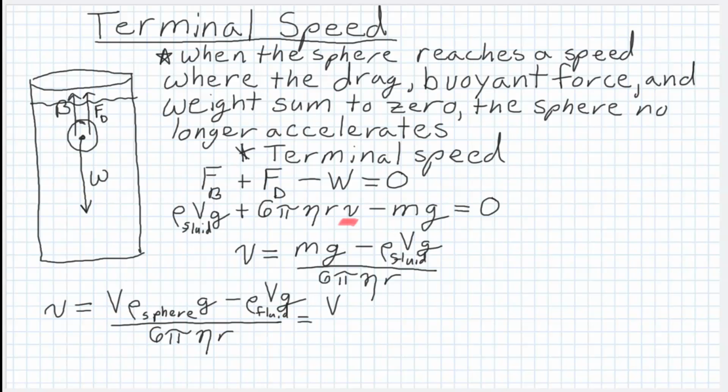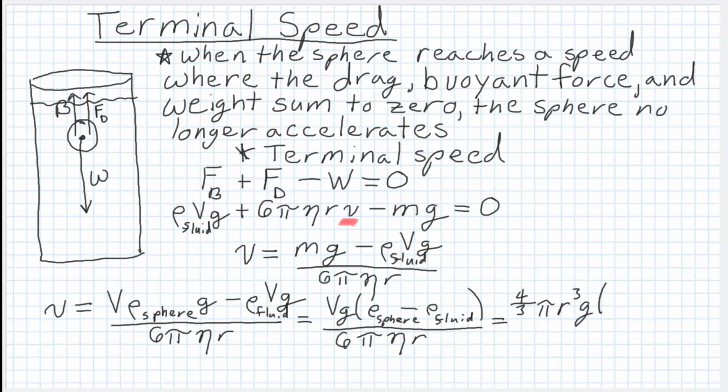Now the volume of our sphere and the acceleration of gravity are constant, so now I just take the density of our sphere minus the density of our fluid, because I factored out everything else, divided by 6 pi viscosity radius, and I can expand out the volume here into the volume of a sphere, 4/3 pi r cubed, times acceleration of gravity, and everything else in the equation stays the same.